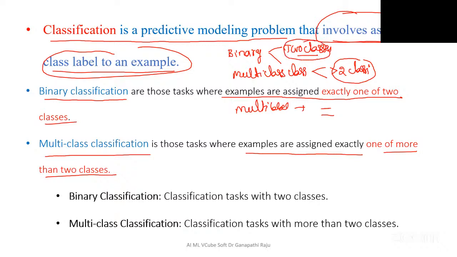Out of these classes, we assign one of them. Third is multi-label classification, where we assign two labels to one target variable, but this is a very rare case. Is it okay for all of you?